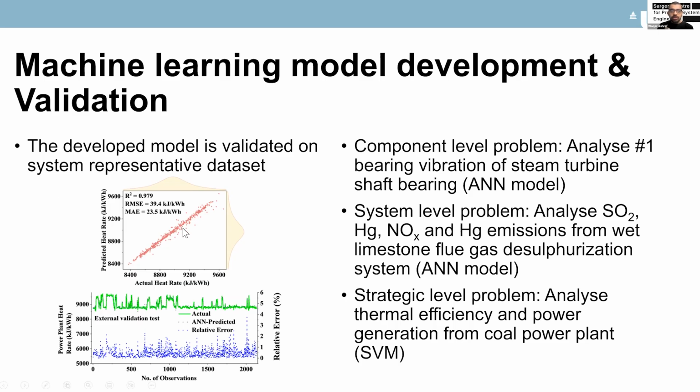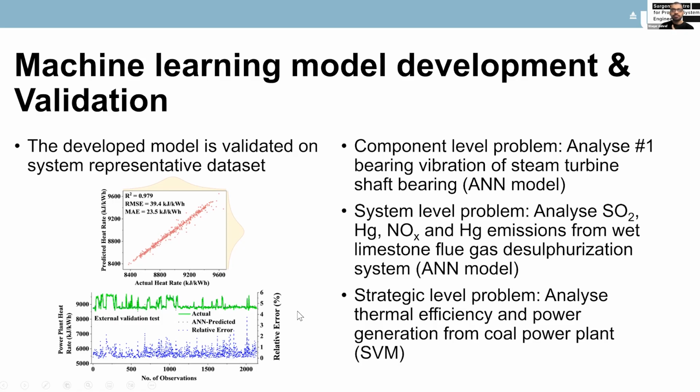So here I have shown the validation graph for my ANN model, and this is the external validation result when the model was deployed on the validation data set. We can see here the relative error is less than 2%, and there is a good fit between the actual and the predicted values of the ANN model.